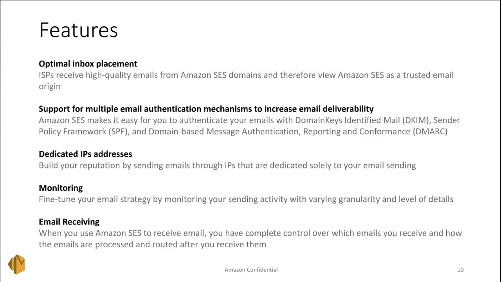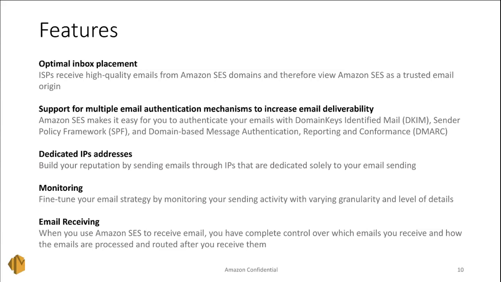Using these features, you will be able to authenticate your emails and make sure that when it reaches the inbox providers, they know it is coming from who it says it's coming from, and that the email is not altered. And because of that, the inbox providers like Gmail, Hotmail, they look at your emails favorably. And we have dedicated IP addresses that you can use solely for your email sending and build your own reputation. And we will look at dedicated IPs and how they help you later today.